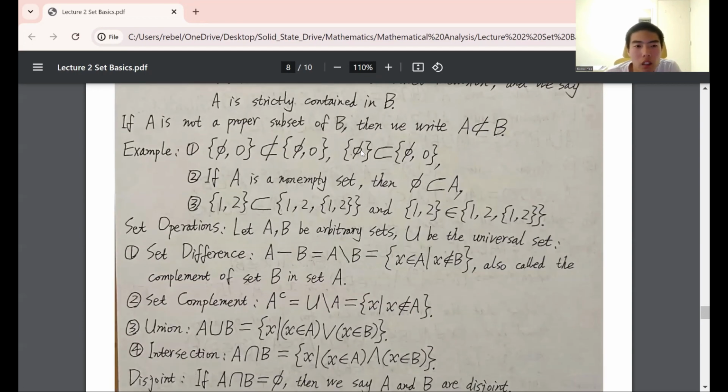Okay, and let's see some examples. If the two sets are equal, then it's not a proper subset. If A is a non-empty set, then the empty set must be a proper subset of A because there must exist one element in A, any element, that is not in the empty set. And this example is interesting. {1, 2} is a proper subset of this set because you can find elements 1 and 2 here, and there's an element not in this one.